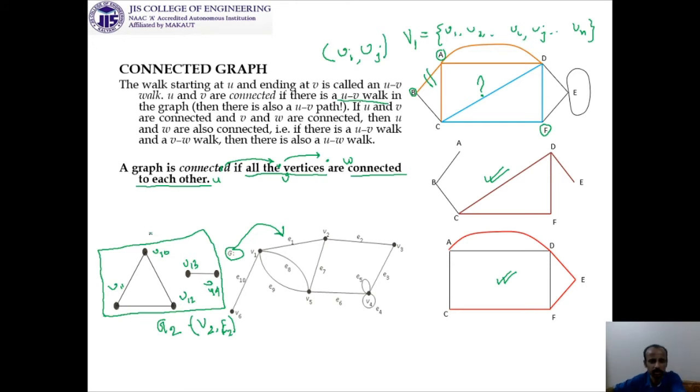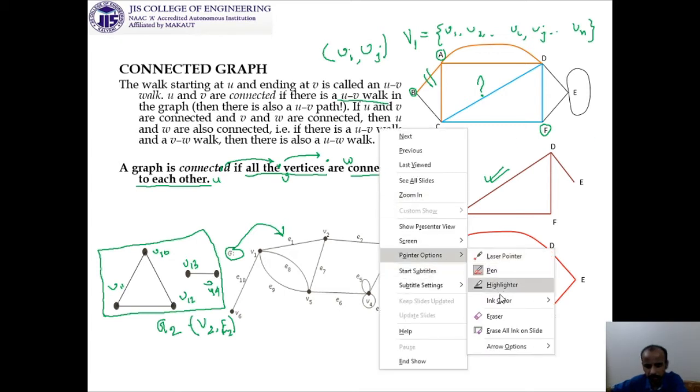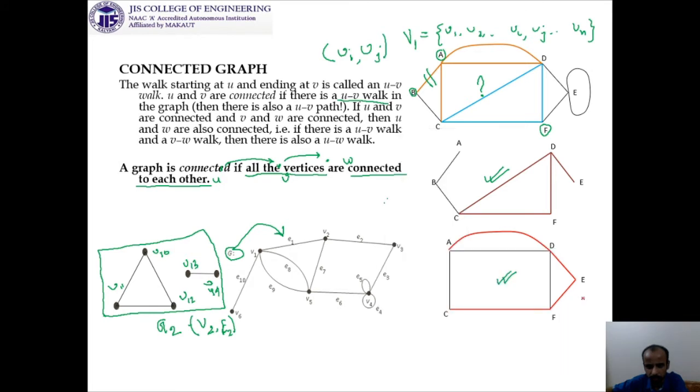And if you just want to check whether you want to go from this vertex to this vertex, you can. If you want to go from this vertex to this vertex, you can. But what is required?